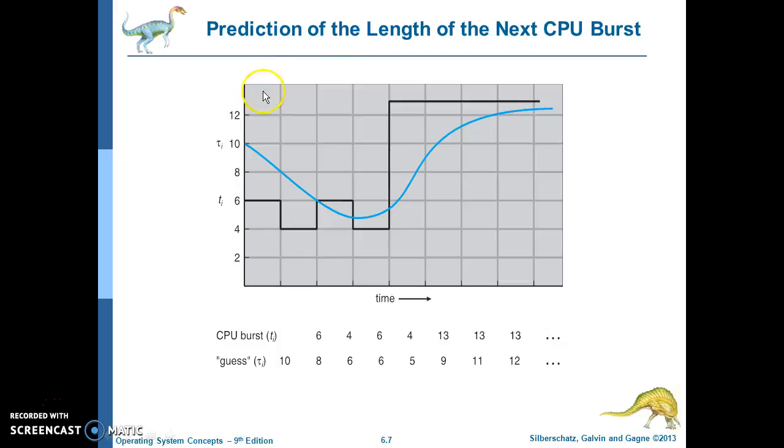Now you can see from this graph how we can predict the length of the next CPU burst. The blue line gives the previous CPU burst, and the black line gives the current CPU burst. Based on these two values, we can determine the next CPU burst time. We have 10 as the previous prediction and the current CPU burst is 6.